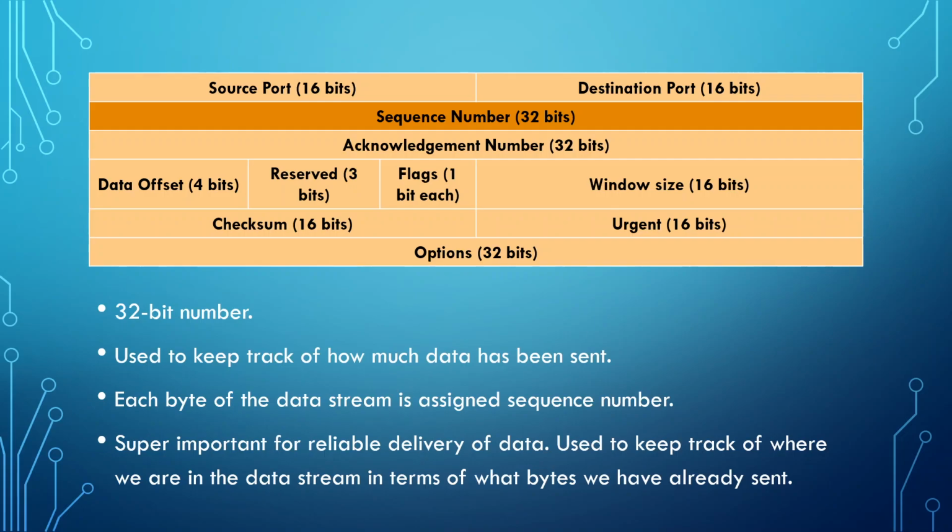So essentially it will tell the receiving device that I'm, let's say, halfway through this overall stream of data that the application wants to send to you, or I'm at the end of the stream of data that the application wants to send to you, just from the sequence number. This will become more prevalent once we go through some TCP examples of how TCP works.